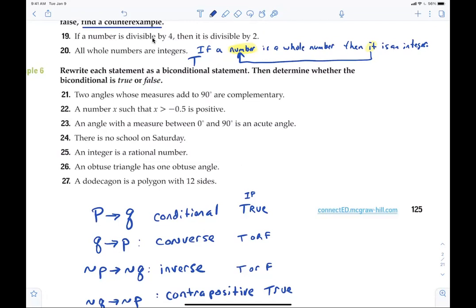All right. Chloe, I haven't heard from you today. So tell me about the inverse. If a number isn't a whole number, then it's an integer. That's exactly correct. If a number is not a whole number, then it is not an integer.